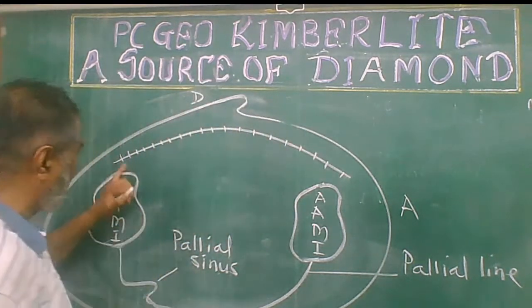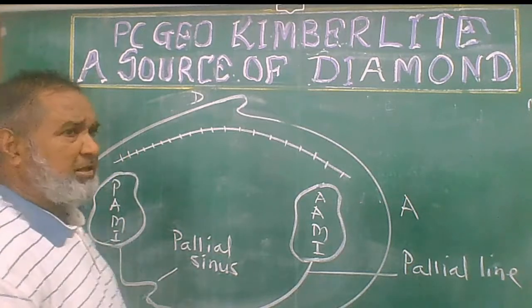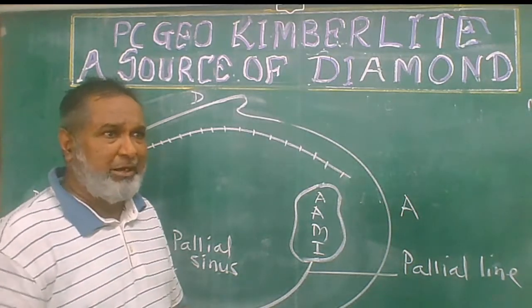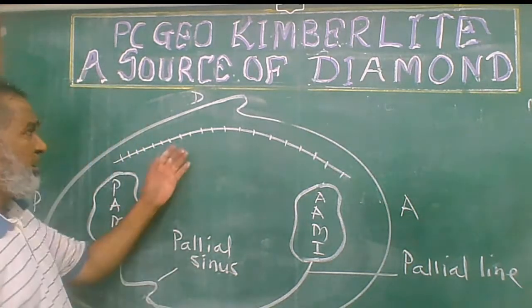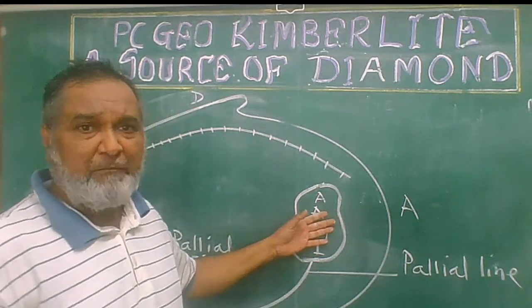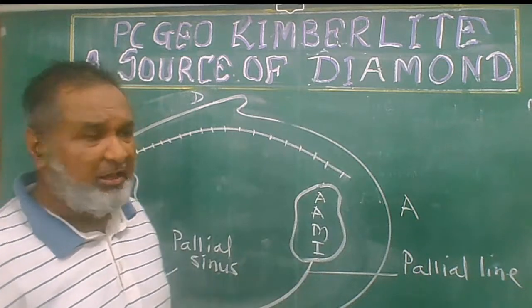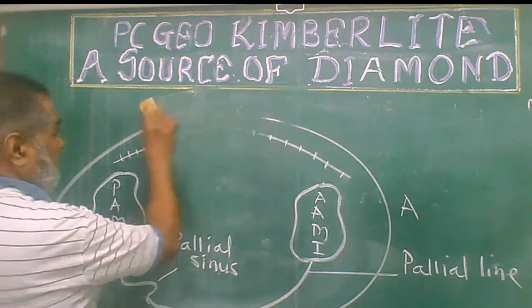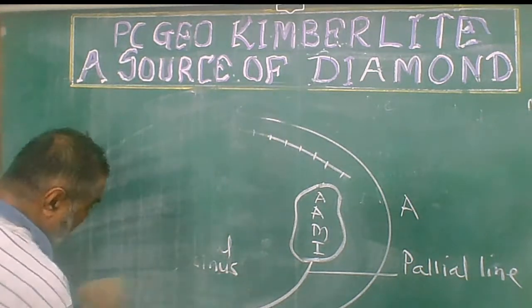Now the next one we are going to see, in the examination they may ask you a separate question: give the different hinge lines in the lamellibranch shell, or give the different muscle impressions in the Lamellibranchia shells. So we'll see these parts one by one.